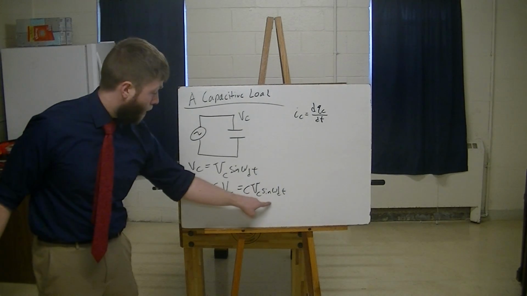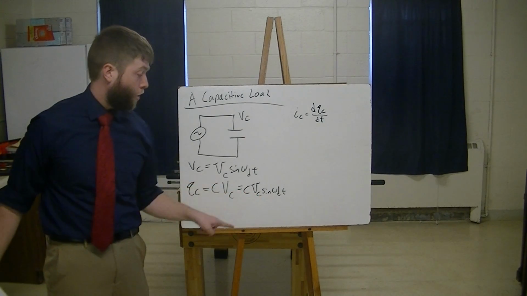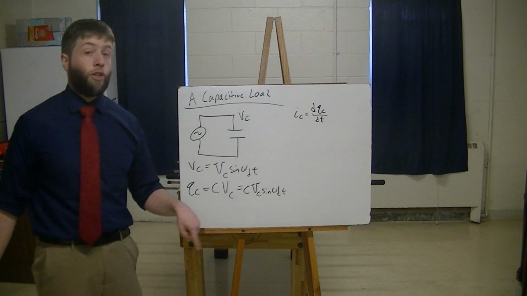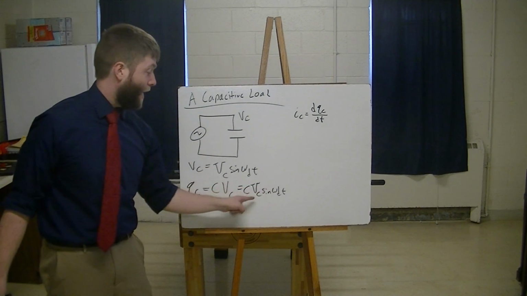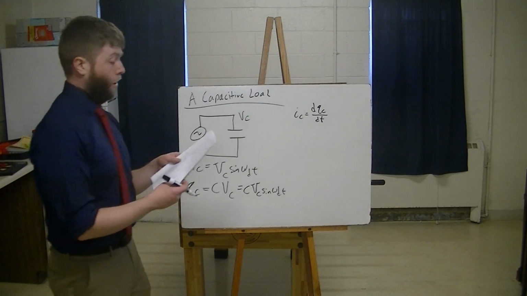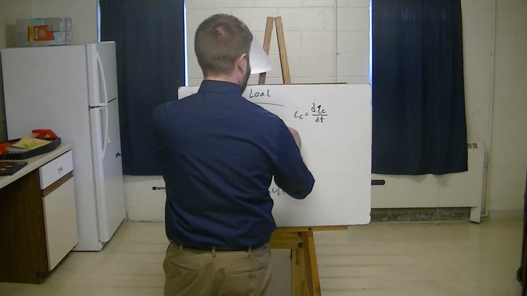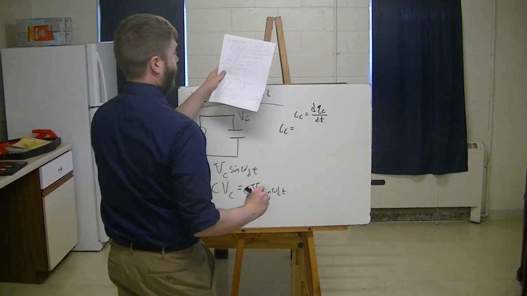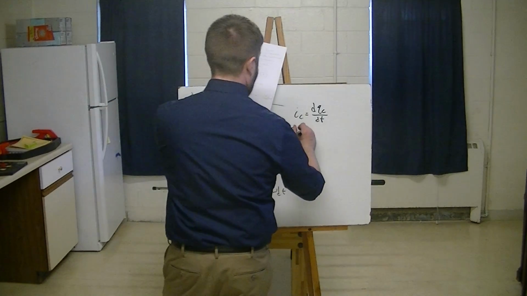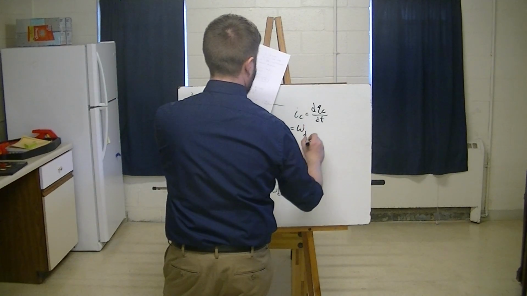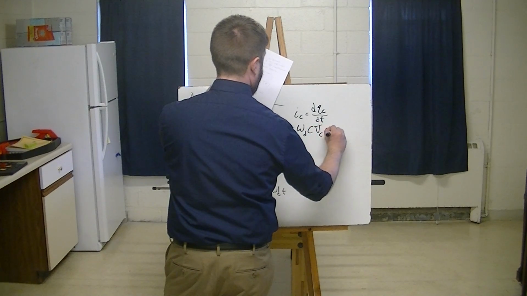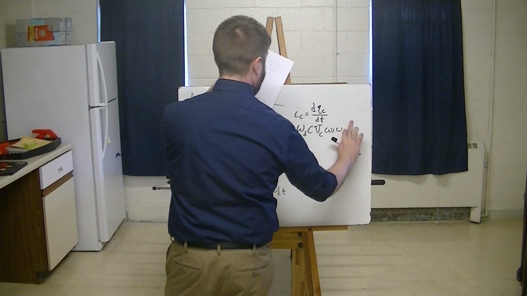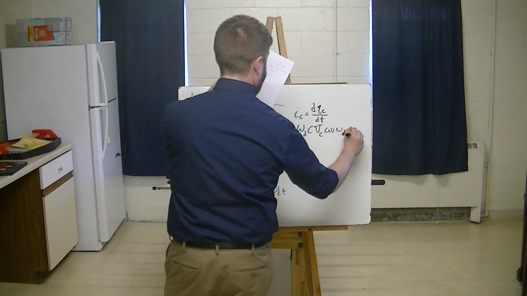Now notice here, I'm going to take the time derivative of the charge across the capacitor. The sine function is going to turn into the cosine function, and the omega d is going to come out. So now I'm going to have something that looks a little messy. I'm going to have IC is equal to omega d C capital VC cosine of omega d t.